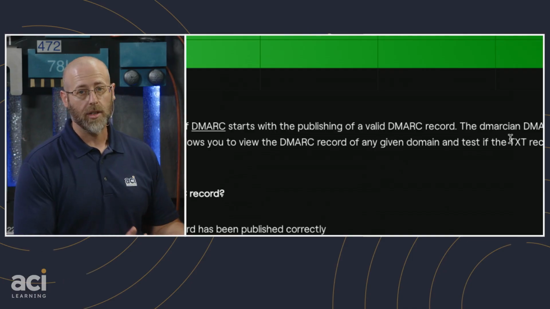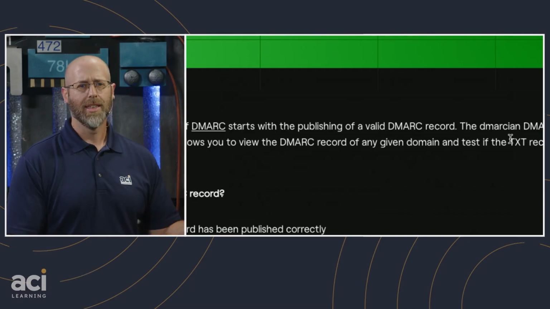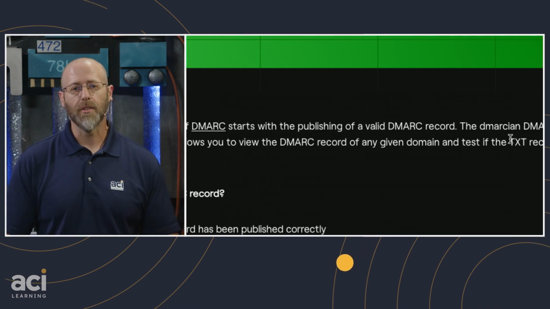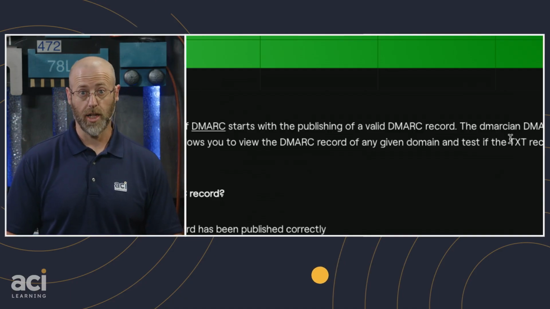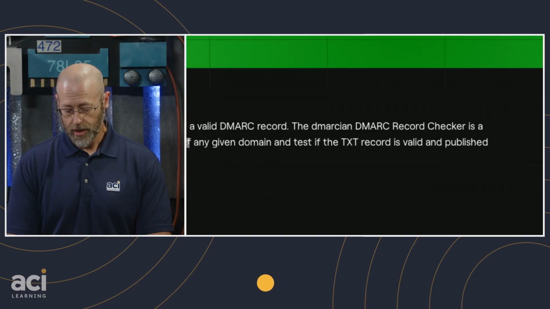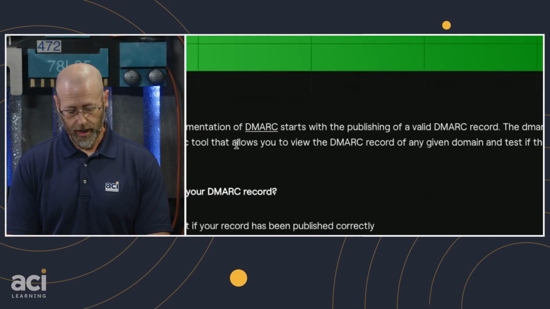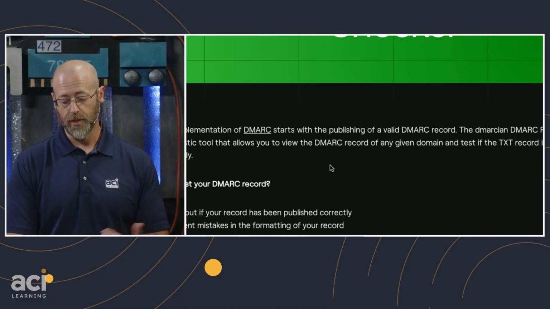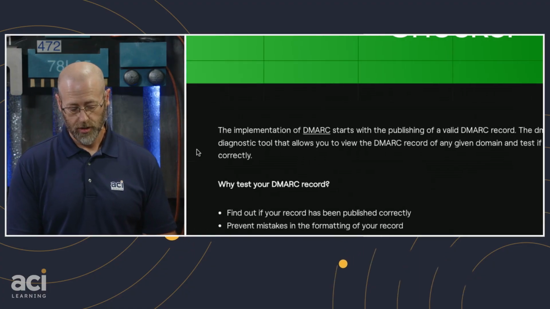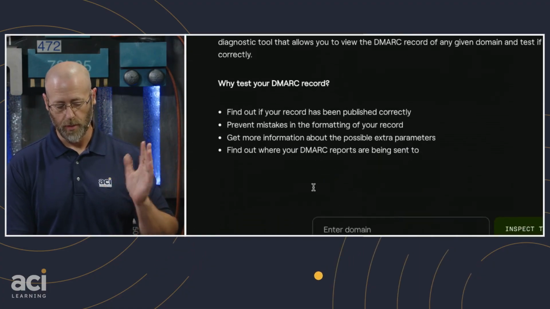So there are records that are involved. Again, I believe it's just another DNS-based TXT type record to give it the idea of what should I do and how should I work with this, right? The dmarcian checker is, wait for it, a tool that allows you to view the DMARC record of any given domain and test if the TXT record is valid and published correctly. Cool. Tells you more about what that is.